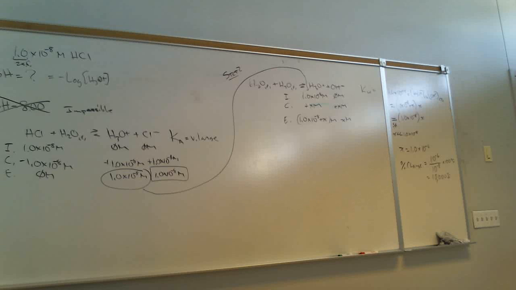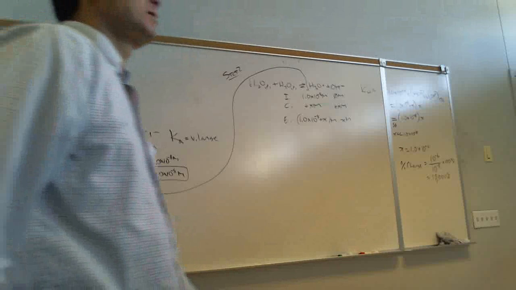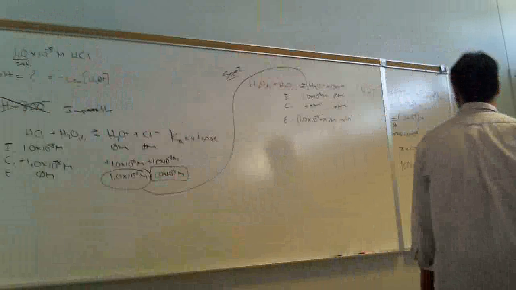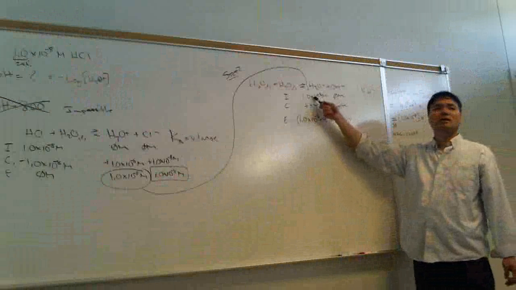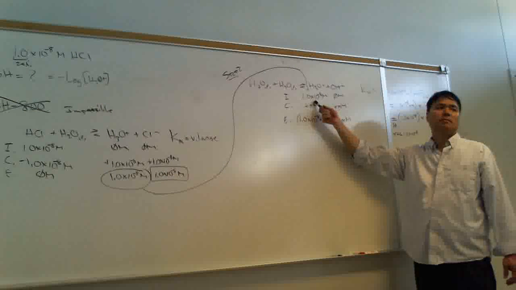In this problem, we have a minuscule amount of hydronium. One drop compared to a lake is nothing, but one drop compared to half a milliliter is something. If you take one drop out of half a milliliter, it's a significant change, because half a milliliter consists of just 10 drops. So it's a 10% change. It's because my initial is small.